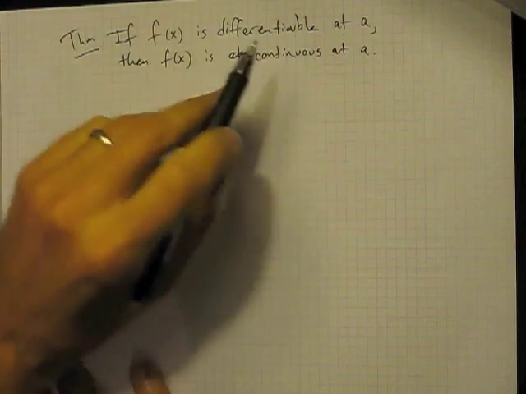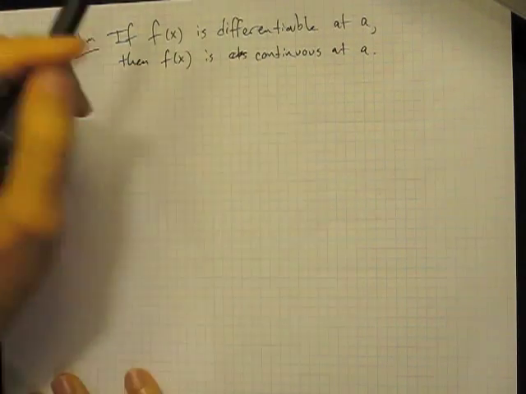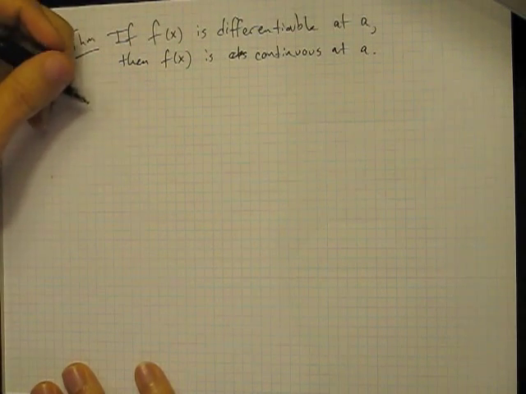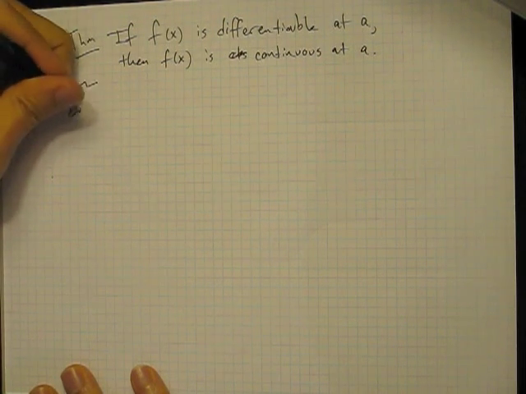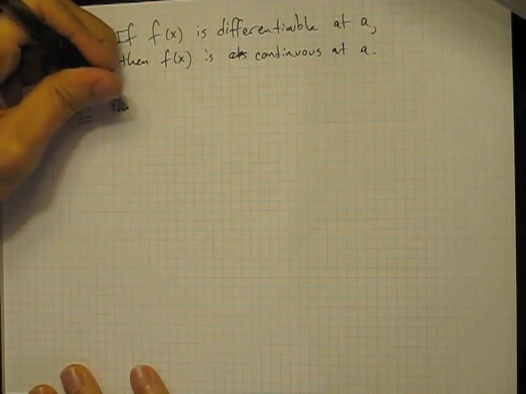So that means that if you can draw a tangent line, then you can draw the graph at that point without lifting your pencil.